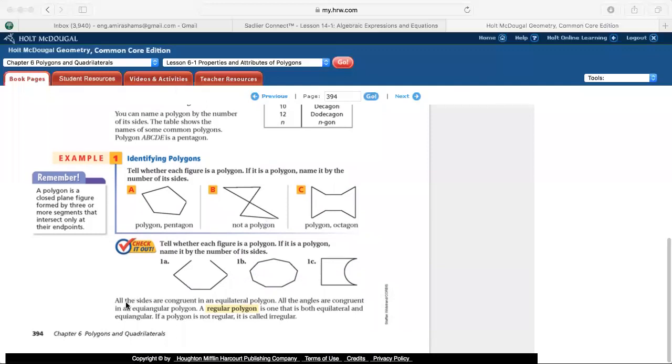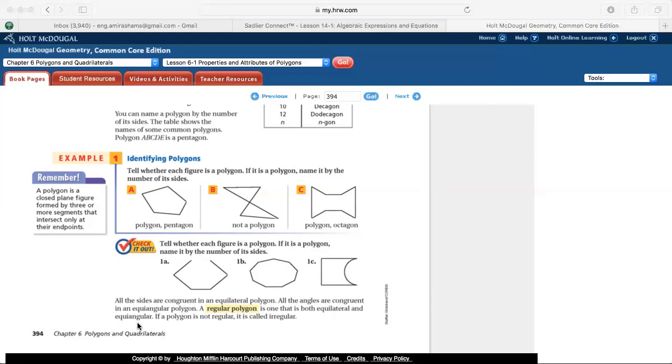Okay. All the sides are congruent in an equilateral polygon. All the angles are congruent in an equiangular polygon. A regular polygon is one that is both equilateral and equiangular.